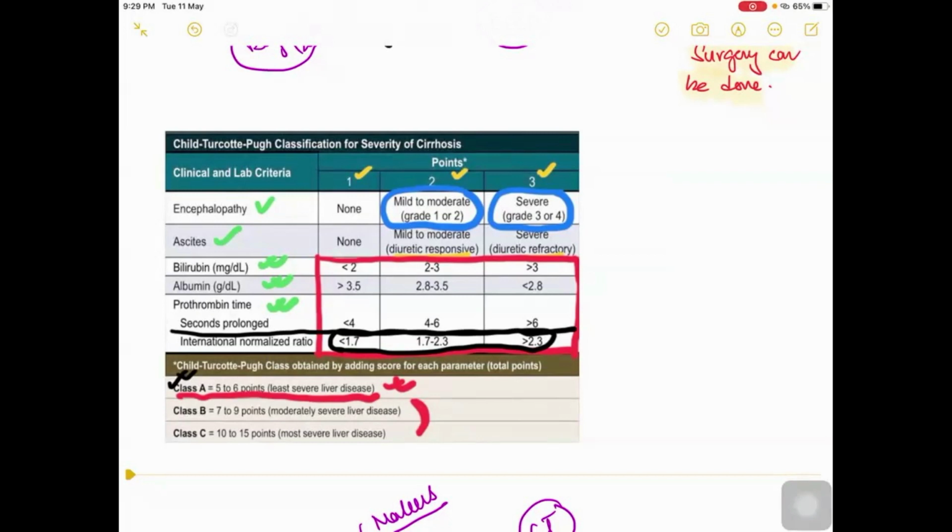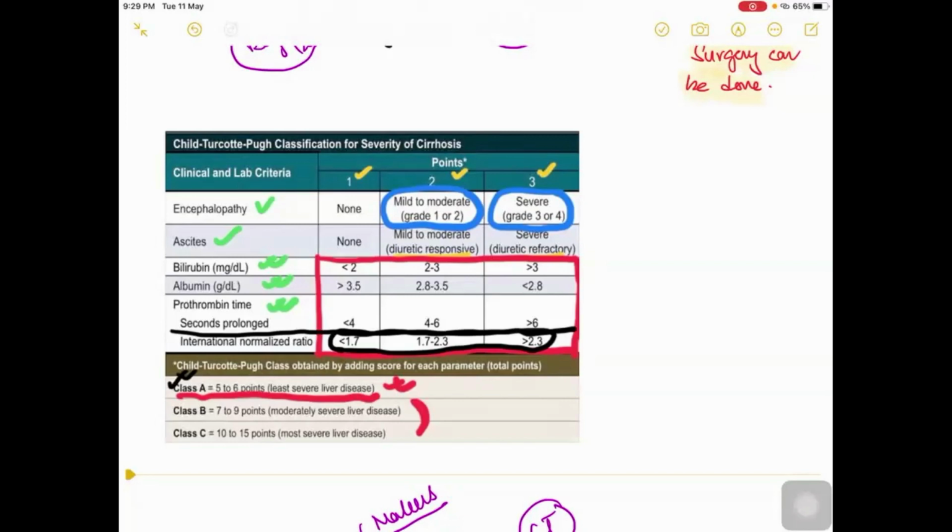This is so important that all patients who are being planned for hepatobiliary surgery, even a cholecystectomy, you require to understand this. This was used initially for cirrhosis, but this has now become the benchmark for all liver surgeries, even to predict the mortality outcome for non-biliary complications, like again for hepatic encephalopathies and other deaths.